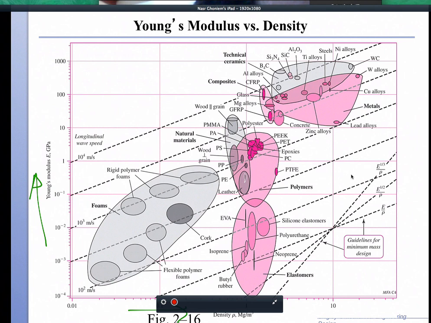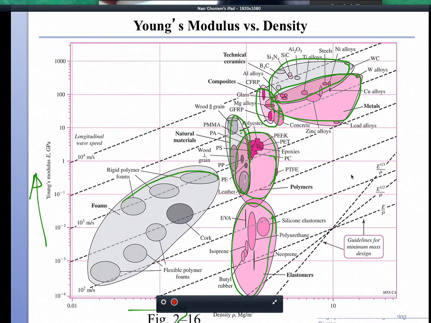So you will have the group of ceramics up here, the group of metallic alloys here, a family of composites here, and then a family of polymers here, and a family of elastomers, the rubbery materials, and then some family of natural materials, and on the low end of this corner we have the foams.